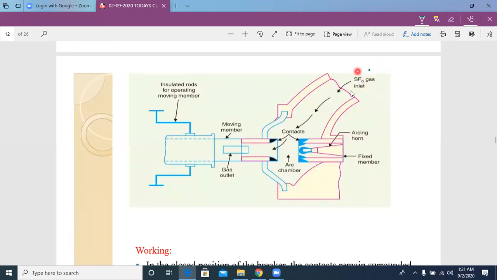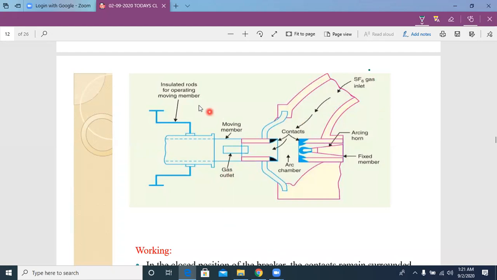The SF6 gas comes to the arc chamber, then goes out through the gas outlet, and reaches the low pressure reservoir. That means every SF6 circuit breaker needs two reservoirs, one high pressure and one low pressure.